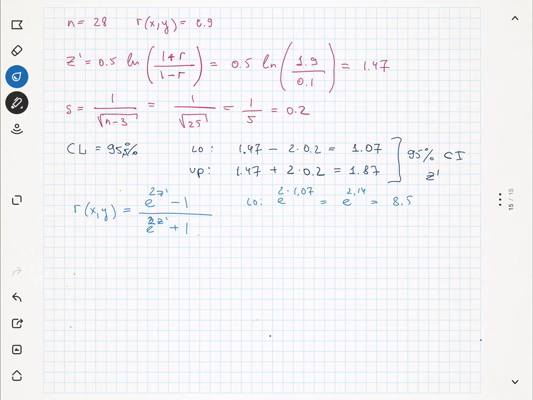Now for the largest possible value, we take e to the 2 times 1.87, right? So it's e to the power of 3.74, which gives us 42.1.